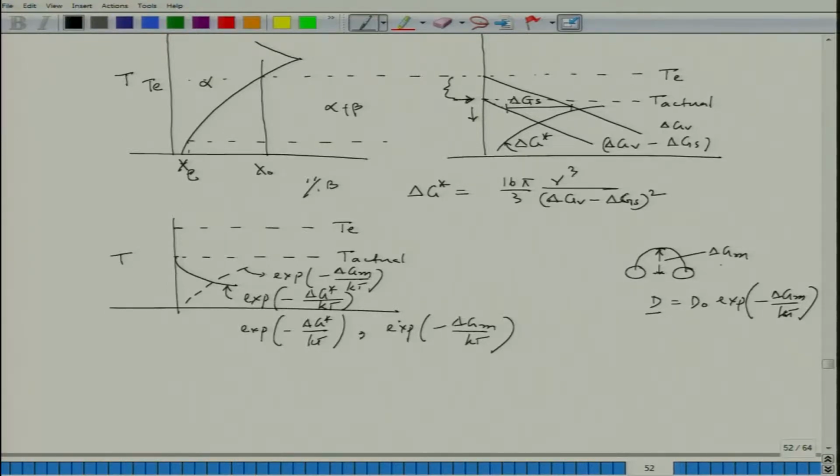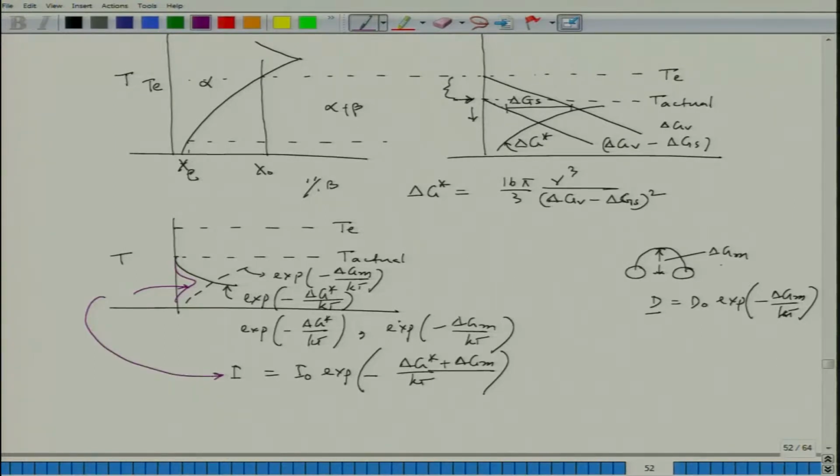So my I would be I0 exponential minus delta G star plus delta Gm by kT. We have already seen this particular equation. So this would be lying between these lines.